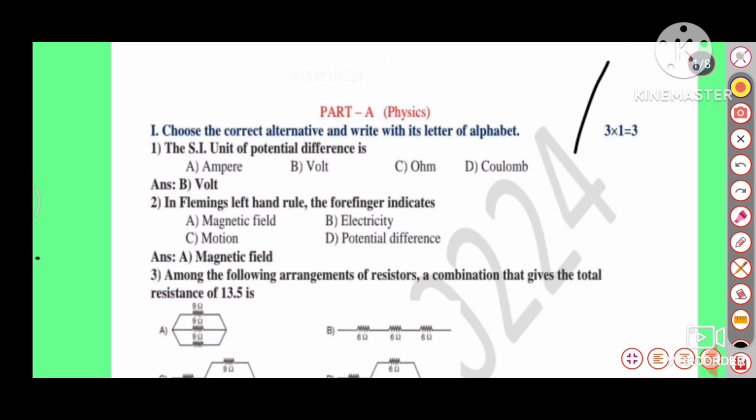Next question, in Fleming's left hand rule, the forefinger indicates. Options are magnetic field, electricity, motion, potential difference. Correct answer is magnetic field.